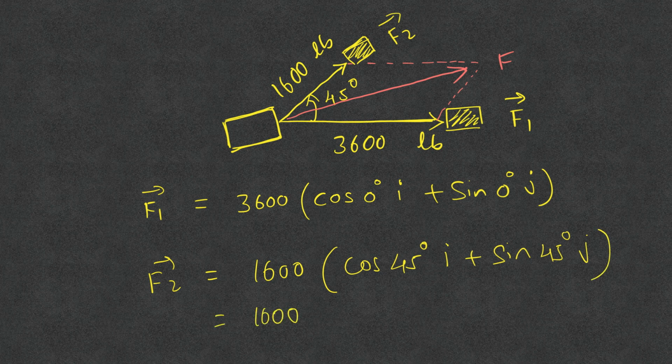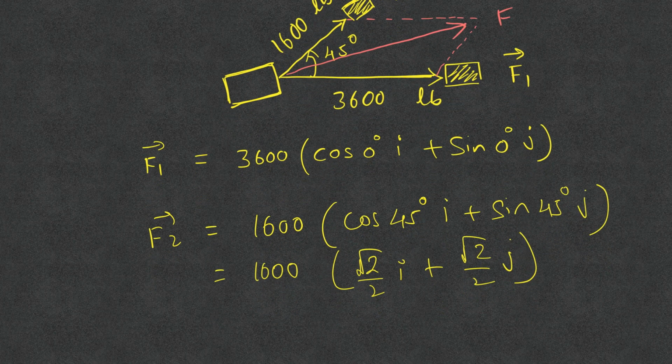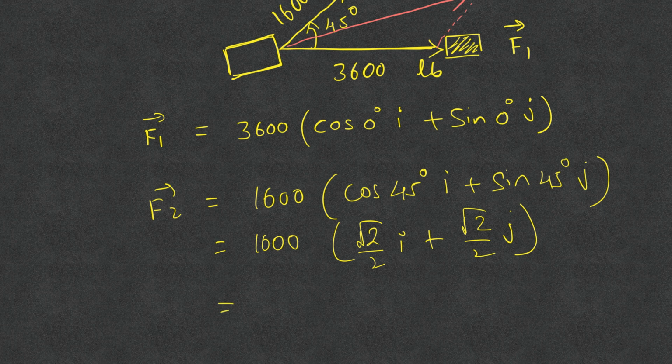And so this is 1,600 times cosine 45, which is root 2 over 2, i plus sine 45, which is root 2 over 2, j, which simplifies to 800 root 2 i plus 800 root 2 j.